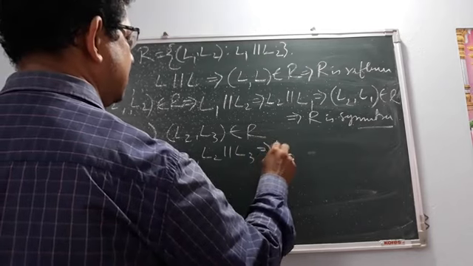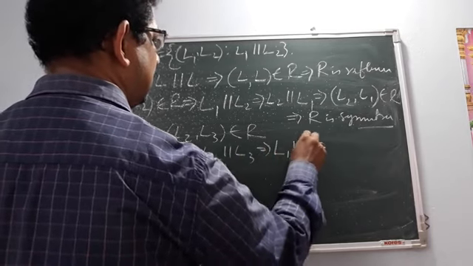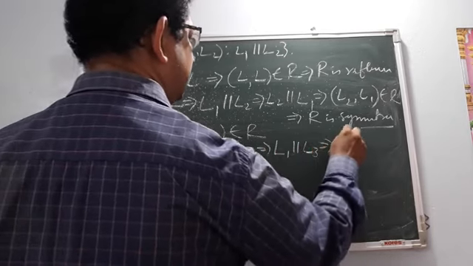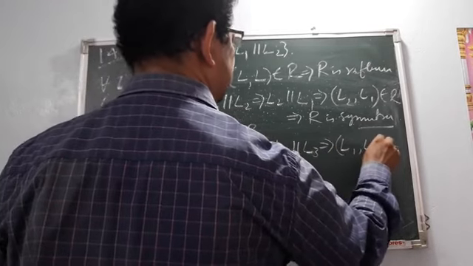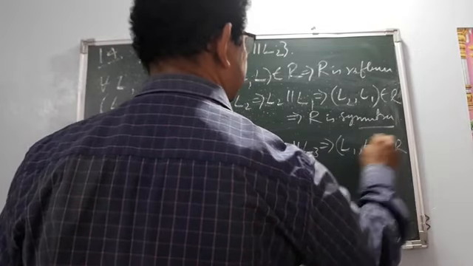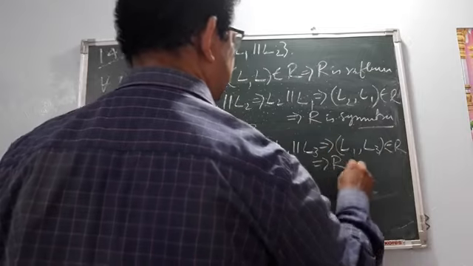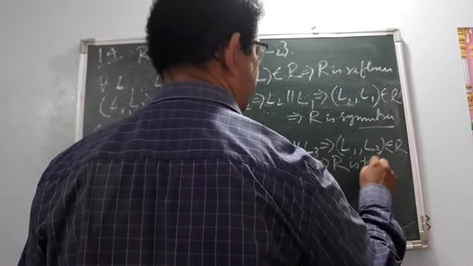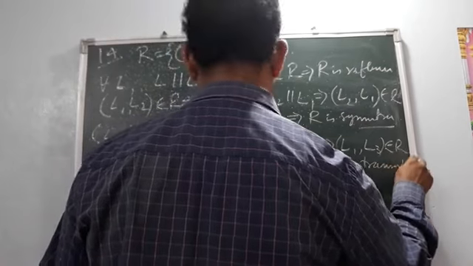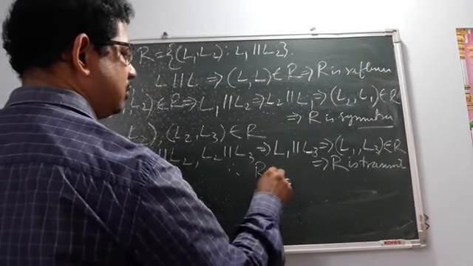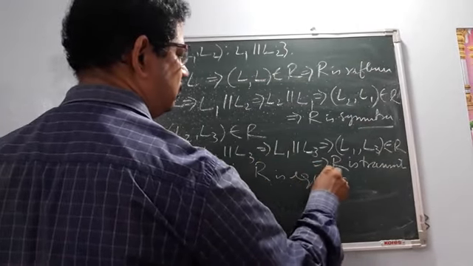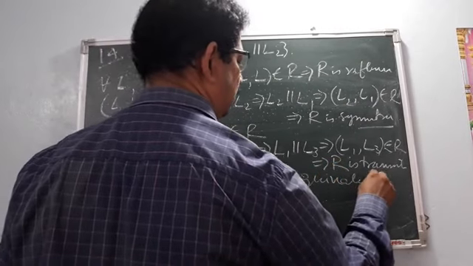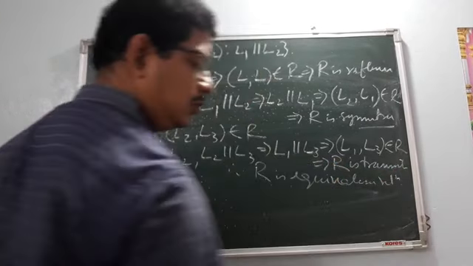Implies L1 is parallel to L3. Implies (L1, L3) belongs to R. Implies R is transitive. Therefore, R is an equivalence relation. So this we have to show.